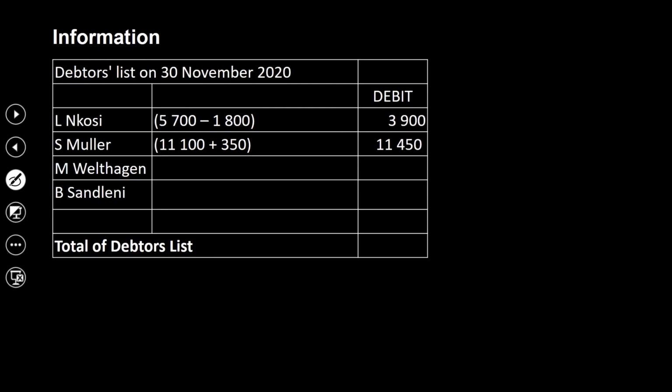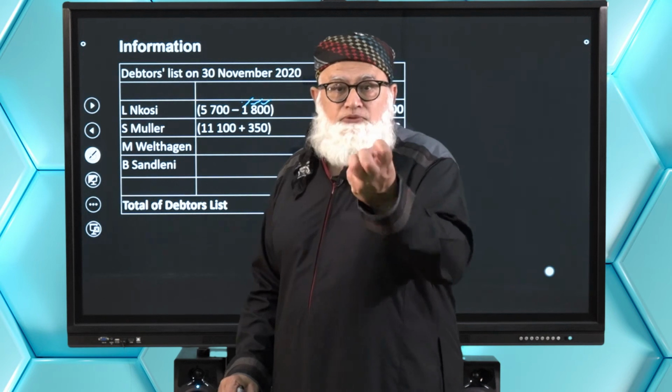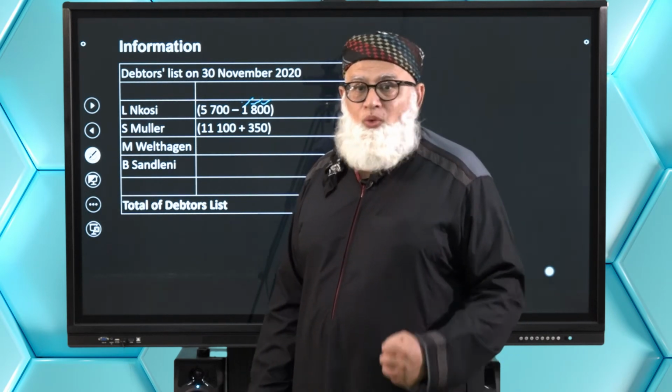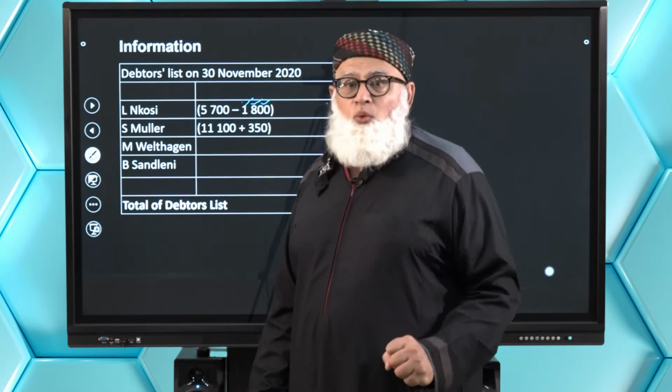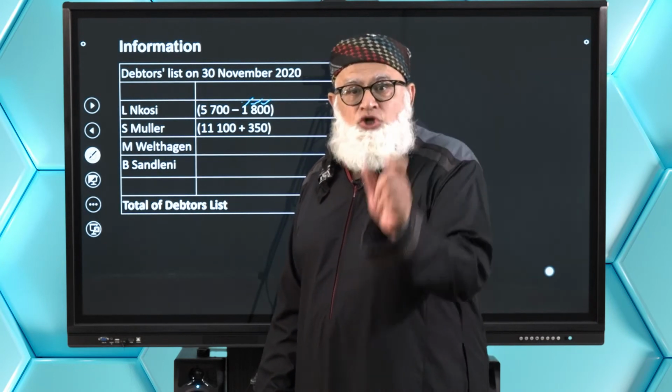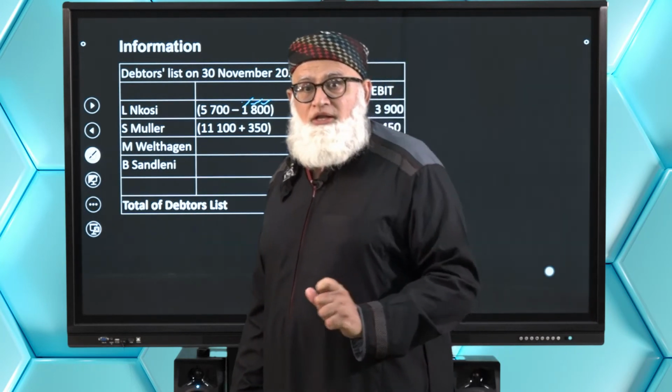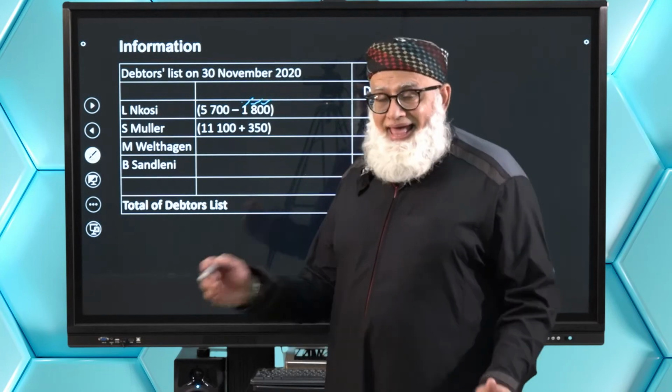So here we go. We go to Nkosi's account. Firstly, get the outstanding balance of 5,700, which is given to you, minus the 1,800. Because remember, the payment that we received was 3,100. We only recorded 1,300. We did not record the correct amount, in both the control and the list.